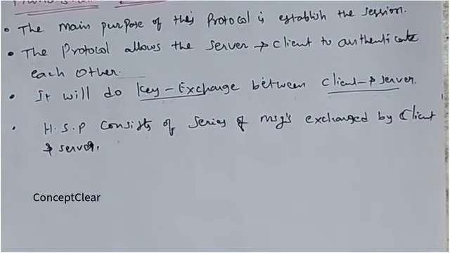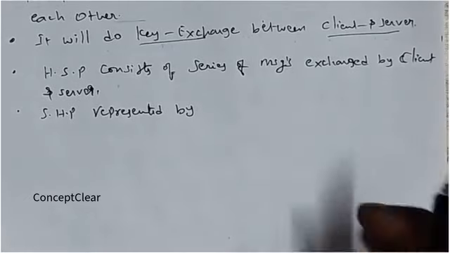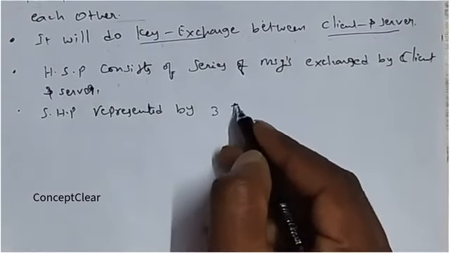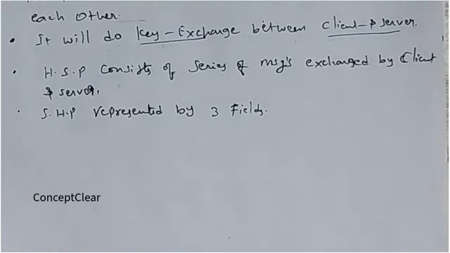A handshake message is represented by three fields: type, length, content. The first one is type.